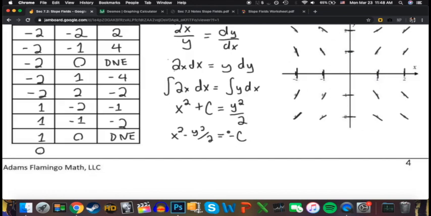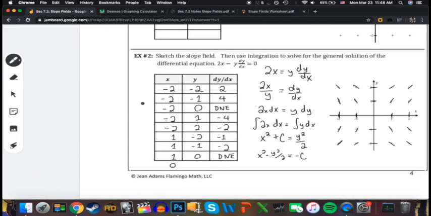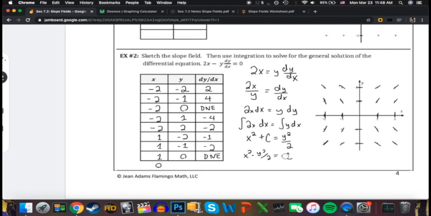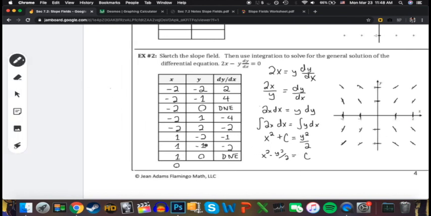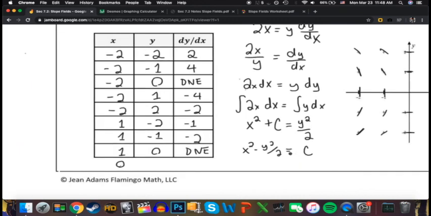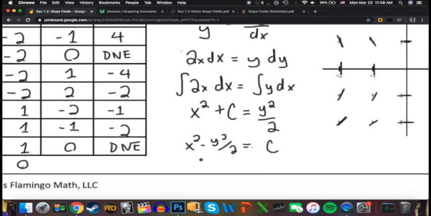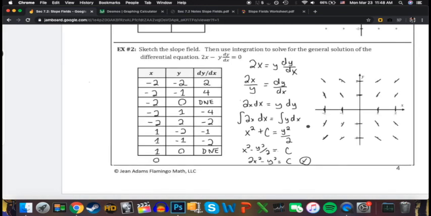Now, because c does represent a constant, you don't necessarily have to put a negative sign next to it. You can still keep it as just c, because c could represent a negative number, so there's no need to be redundant. And if we want to clean this up a bit, we can multiply both sides by 2, so we get 2x squared minus y squared is again equal to c. And this is your general solution for the differential equation.